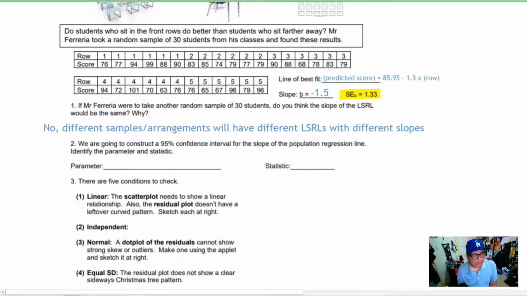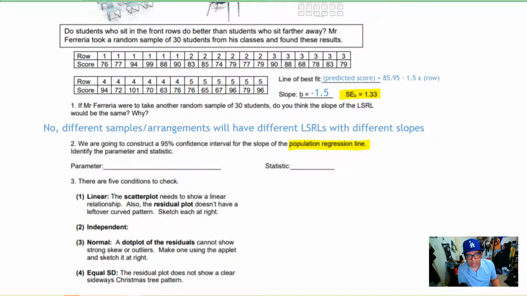Now, number 2, we're going to construct a 95% confidence interval for the slope of the population regression line. The population regression line is the true regression line that relates rho to score. So we're going to have to identify the parameter and statistic.